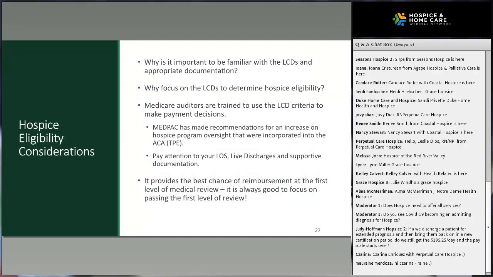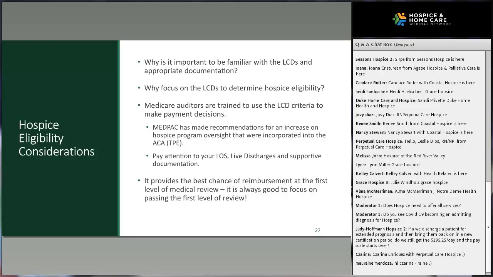So why is it important to be familiar with LCDs and appropriate documentation? Because you're trying to make sure that the patient is hospice eligible. You want to think like the payer source, in this case, Medicare, thinks and says, if the patient meets this criteria, this criteria, this criteria, and LCDs are a guideline for that.